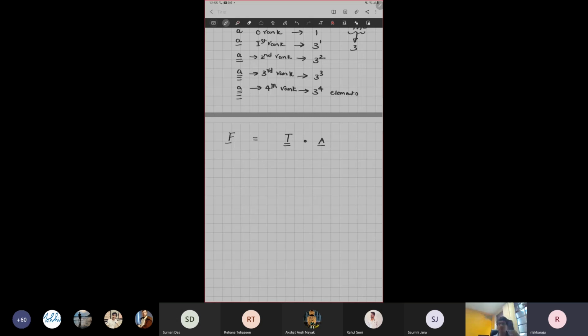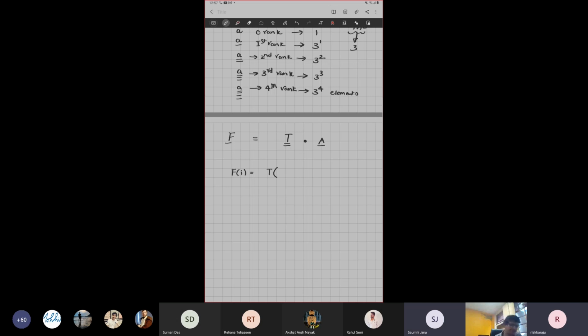Can you tell me computationally how to write this? F, like Fi equals T of ijk into Ai. Do you have T of ijk? Go ahead, give it a try. And it's multiplied by Ai.